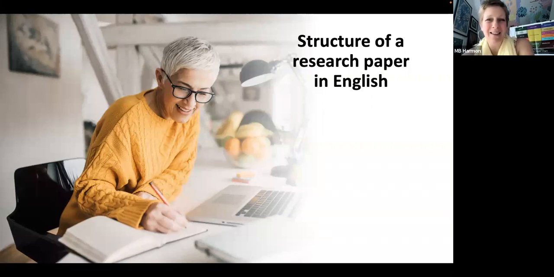So I want to point this out because if you submitted a proposal, if you're already doing research, then you have some sense of how we organize our texts in English. And the good news is that these styles for presentations and for writing are very similar, okay?